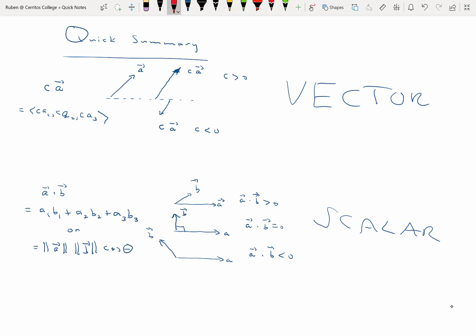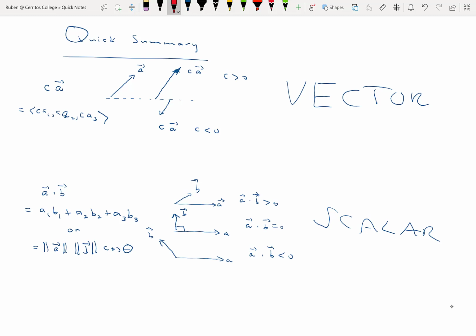If C is greater than 0, then CA is either longer than A, with greater magnitude, or shorter than A, with less magnitude, depending on whether C is greater than or less than 1. If C is negative, we get the same situation, but the direction of A is reversed. So multiplying by a positive scalar stretches or shrinks the vector but keeps the same direction. If the scalar is negative, the vector is stretched or shrunken, but points in the opposite direction.